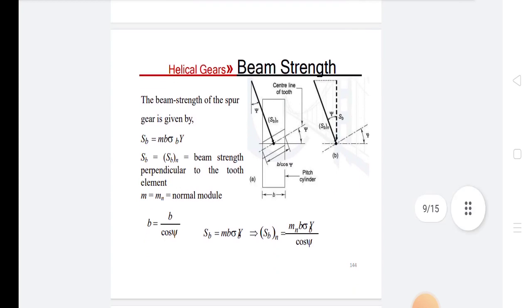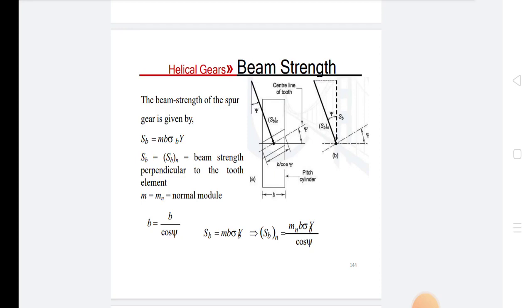The beam strength of the spur gear is given by SB is equal to m b sigma b Y. So, SB is equal to SBN, that is equal to beam strength perpendicular to the tooth element. m is equal to Mn, the normal module, and b is equal to b cos psi.